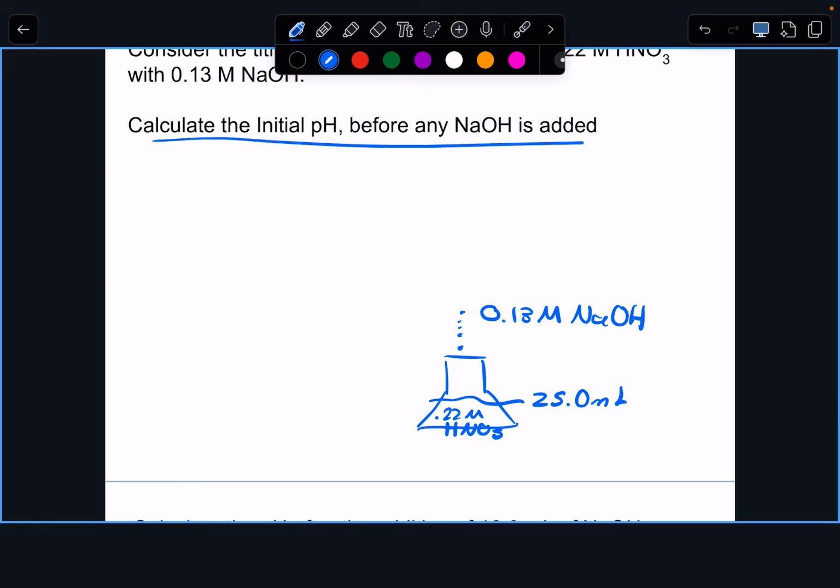At the beginning, we're going to look at it before we've added any NaOH. So ignore this for now. We're just going to look at that solution first.